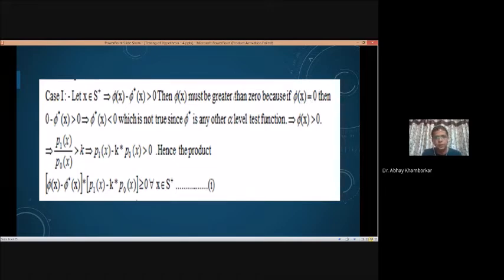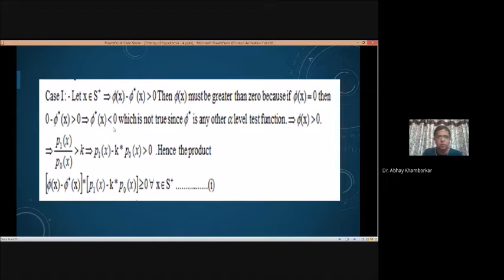Why ruled out? Let us see. That's what I have written here. Then phi of x must be greater than 0 because if phi of x is equal to 0, then according to this expression we have 0 minus phi star of x greater than 0, which implies that phi star of x less than 0.